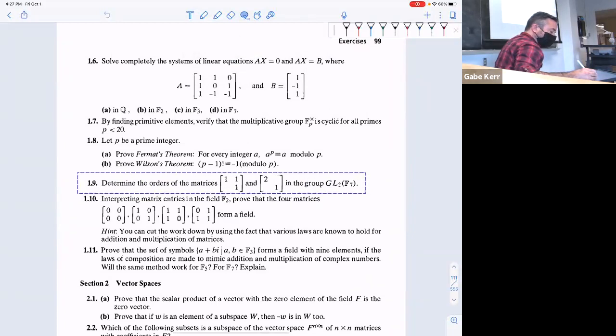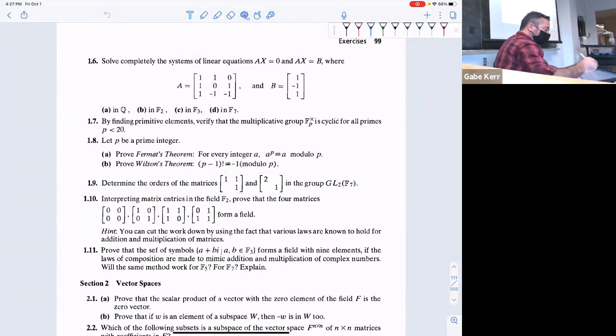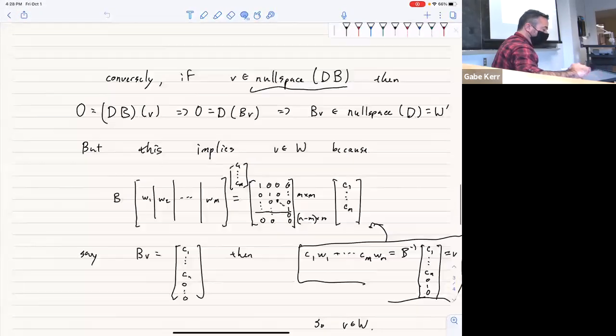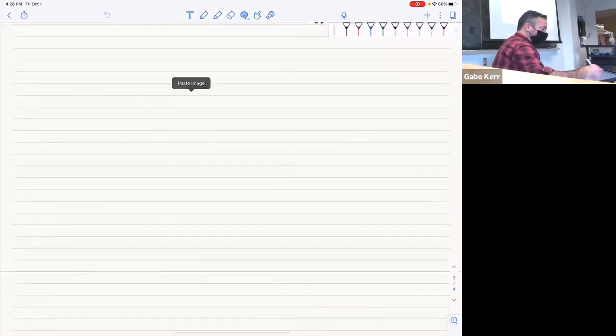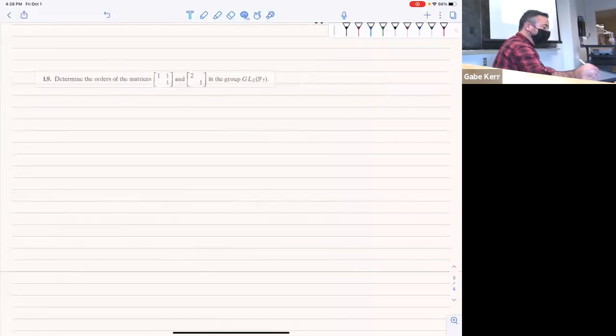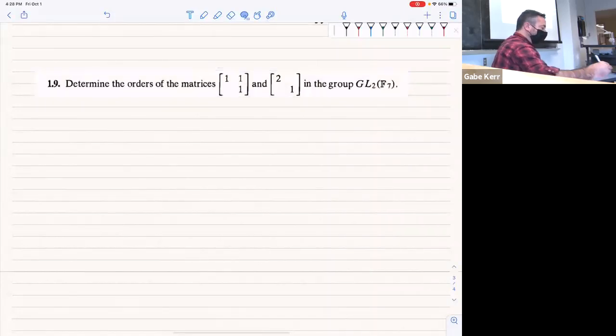So this GL2 of F7 is a finite group. Because F7 is finite, matrices with entries in F7 are also finite, of any size. You're looking for the smallest positive integer n such that this equation is satisfied, for the first case.